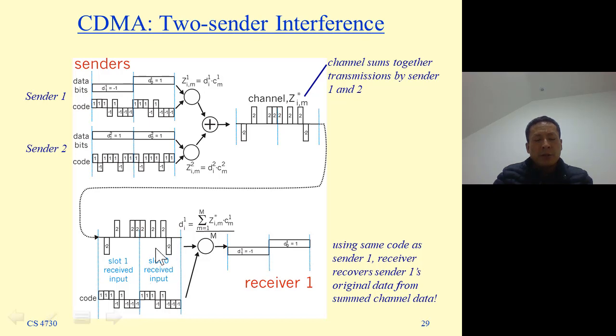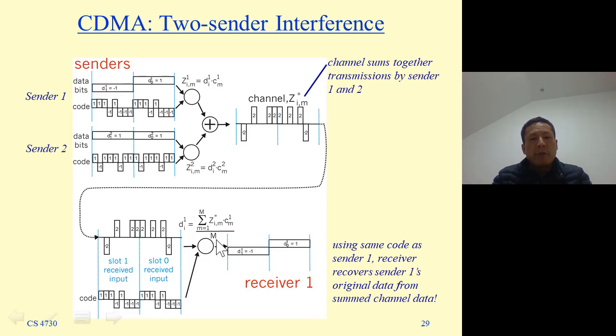Similarly, for the other slots, you do similar things: bit by bit product, add them together, divide by 8. If you try this manually, you will see the result is exactly -1.